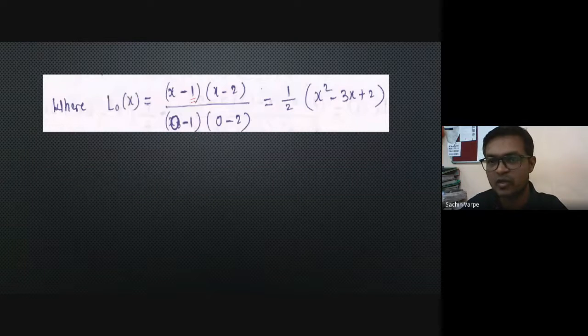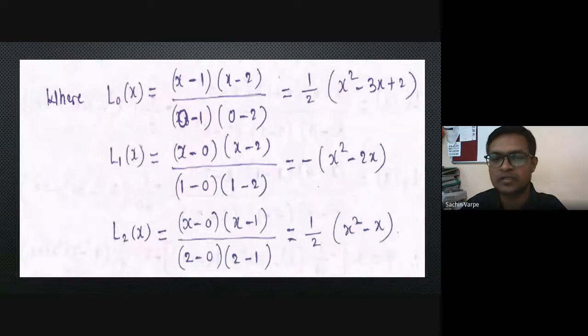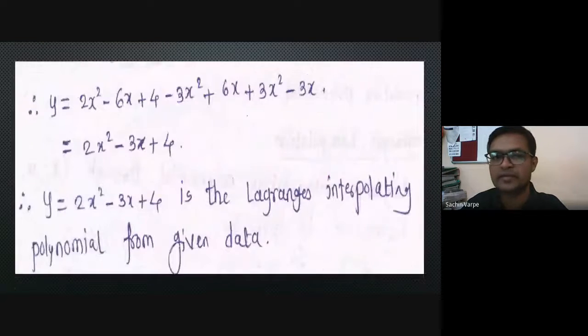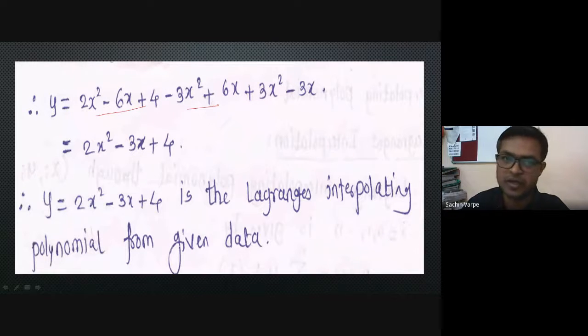So this is L0 of x. You can see this is L1 of x, and this is L2 of x. And then we substitute all these L0, L1, L2 into y. This is the y formula. So simplifying means what? Collecting like terms, like this is a square term and this is a square term, right?